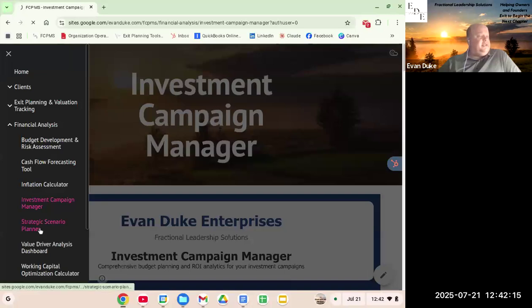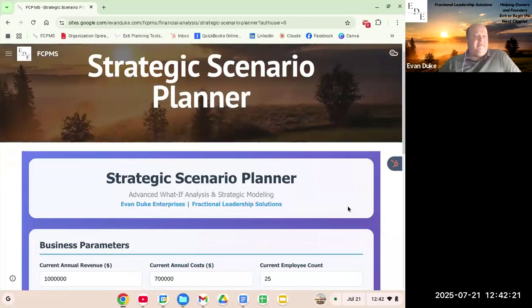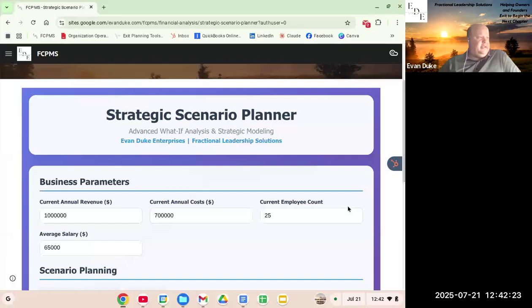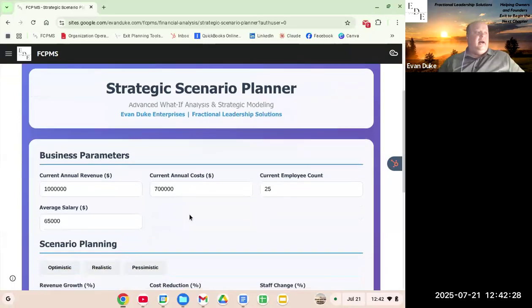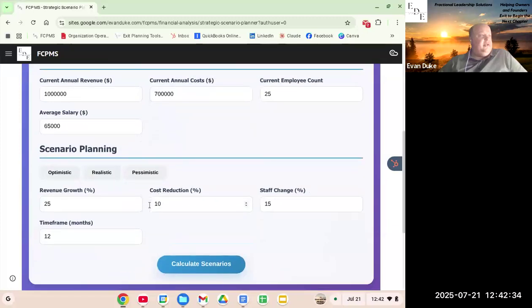The strategic scenario planner is key, just because of the fact that we need to be able to develop comparable scenarios. And as you can see here, this is a business with an annual revenue of 1 million, costs of 700,000, employee count, average salary. Basically what it's trying to do is we have all of this, and then optimistic, we have this scenario, a realistic, and then pessimistic.